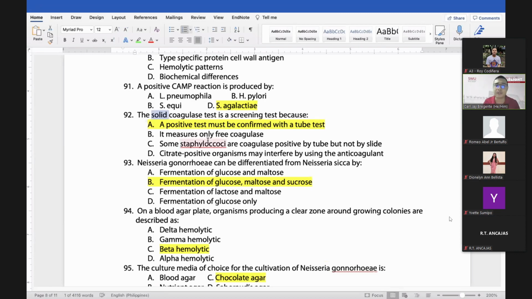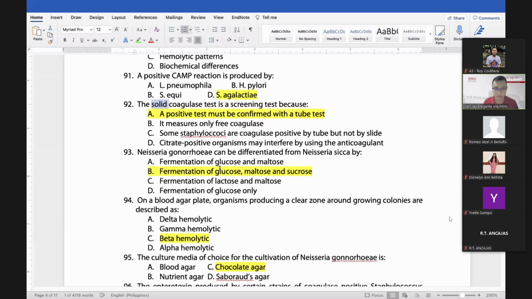Your slide coagulase will measure the bound coagulase. The tube test is confirmatory because, remember, there are some Staphylococcus species that may give a positive result to slide coagulase. For example, Staphylococcus lugdunensis can be positive for slide coagulase, but never for tube coagulase.